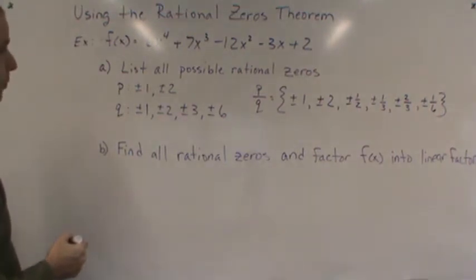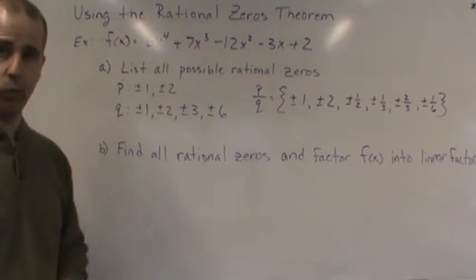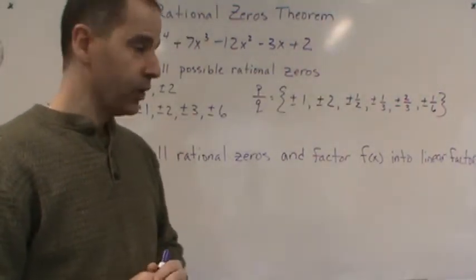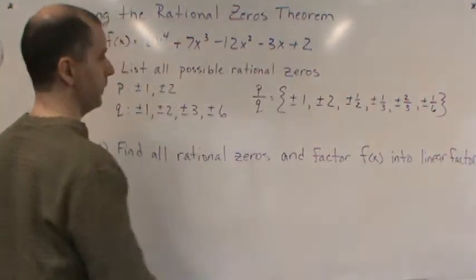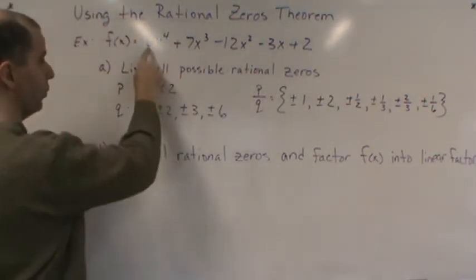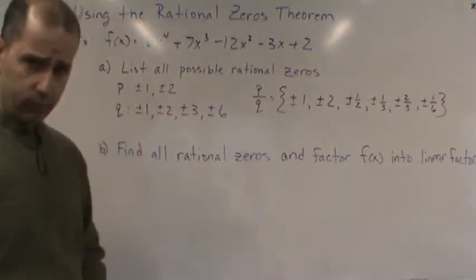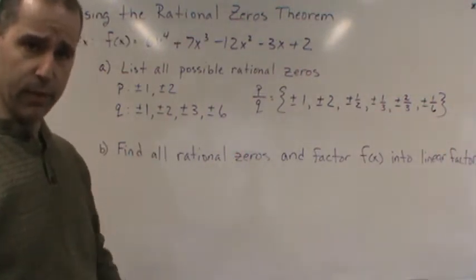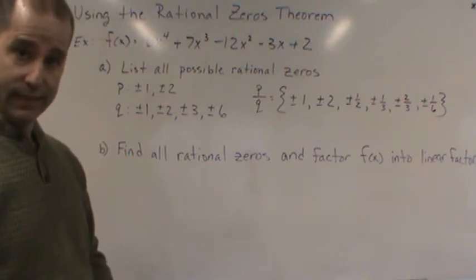Now, one interesting thing to check for plus or minus 1: there's an easy shortcut. If you plug in 1, all of these x values become 1, and all you end up with are the coefficients. So the shortcut is, if the sum of the coefficients adds up to 0, then 1 is a zero of the polynomial.